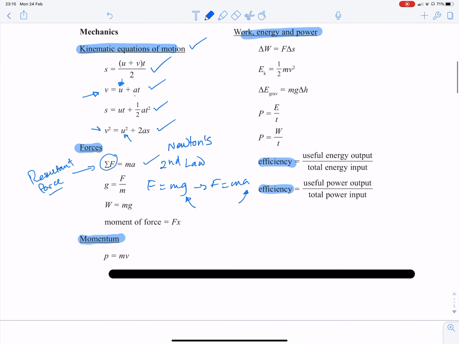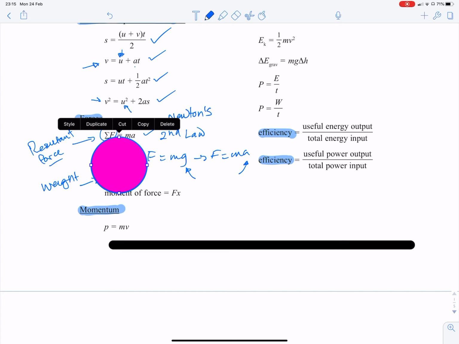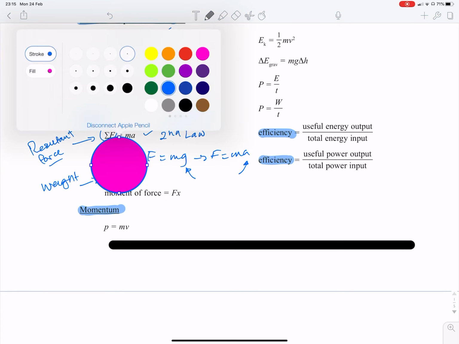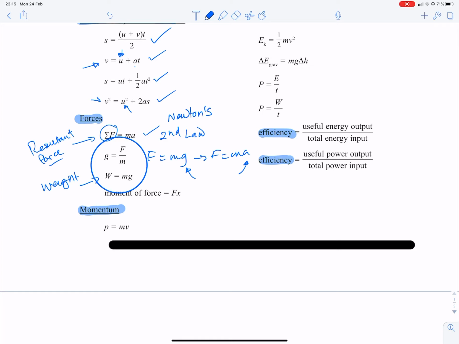Then W equals mg again, where W is the weight, which basically, these two equations are similar. Let me uncover this. Okay, so there we have it.